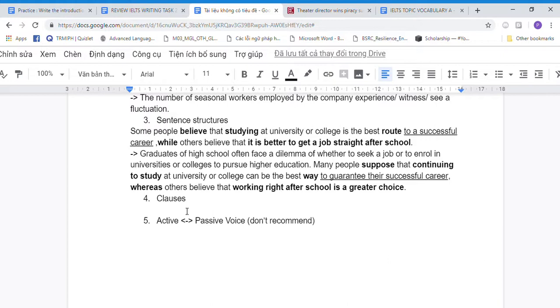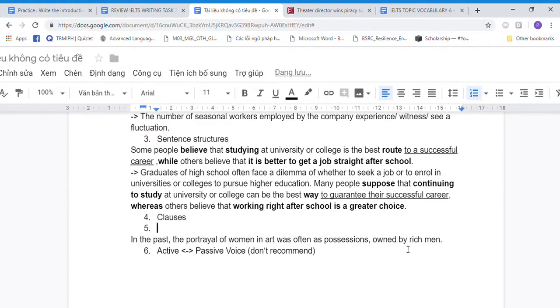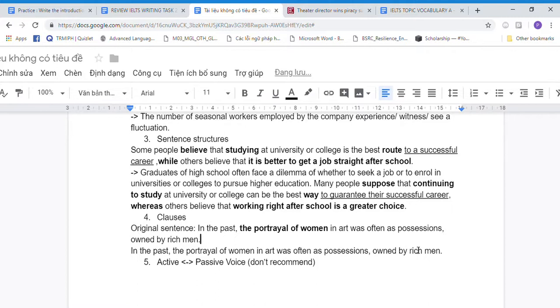Okay. So actually, the original sentence would be like this. In the past, I'll copy paste. In the past, the potato part.